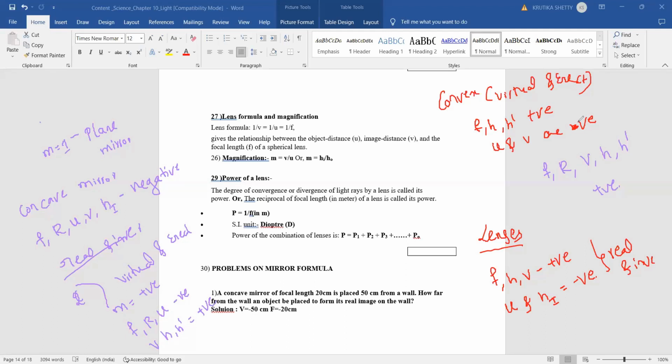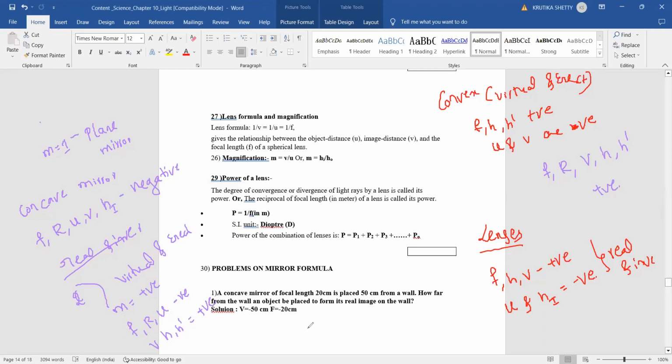So if it is clear, now you can understand the question, what it is given. You have a concave mirror focal length. So if you have noted down, you can look at it. For the concave mirror, focal length is taken as negative, and object distance you need to calculate. So according to the formula, you can substitute the values and calculate.